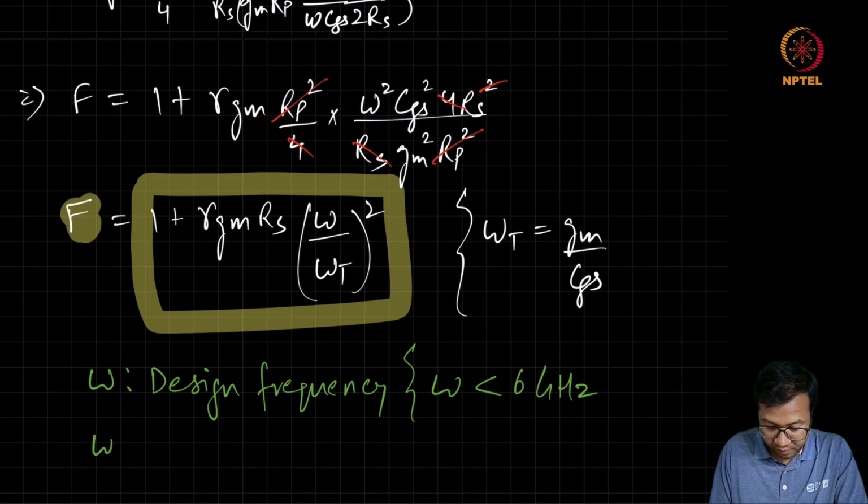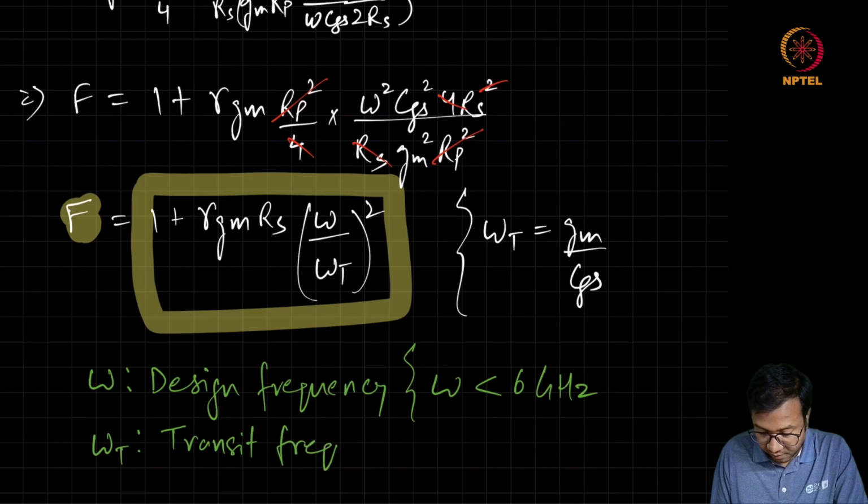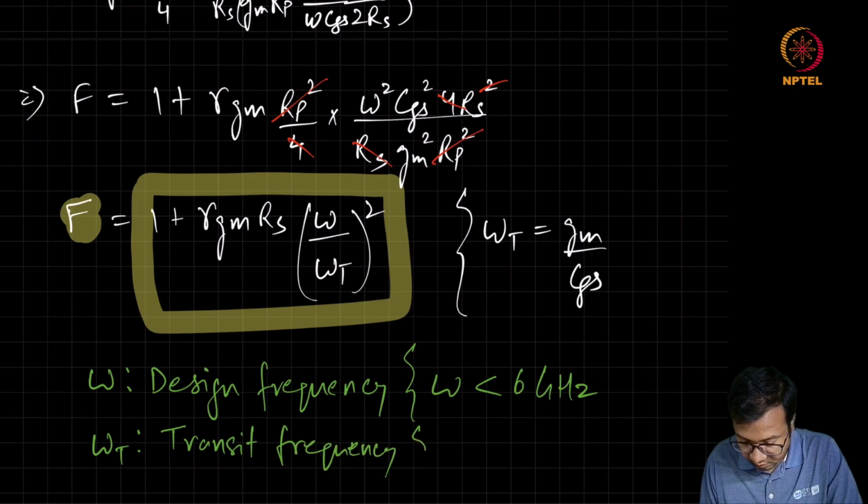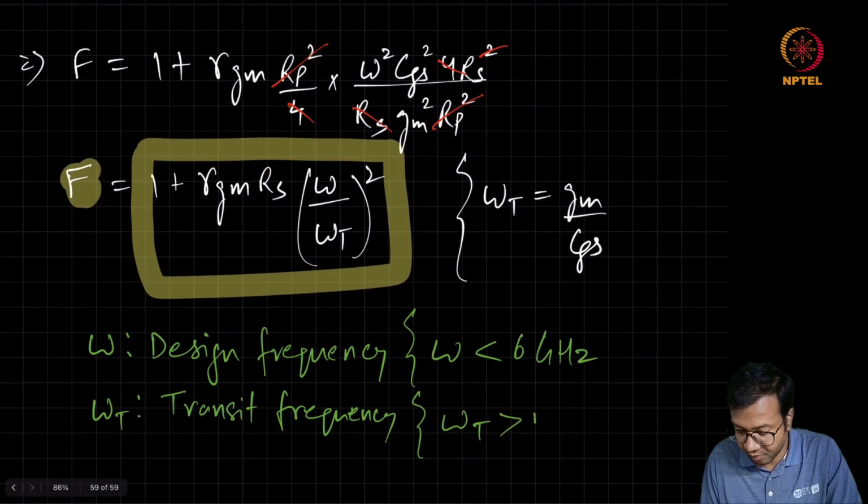And this omega t is the transit frequency, which can easily be more than 100 gigahertz.